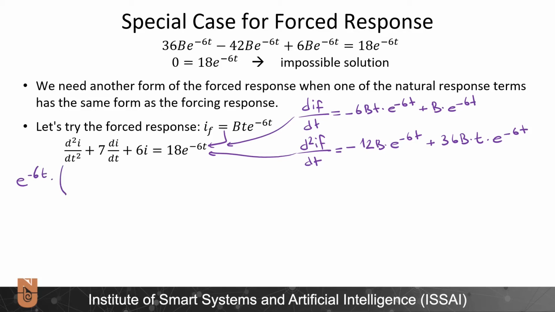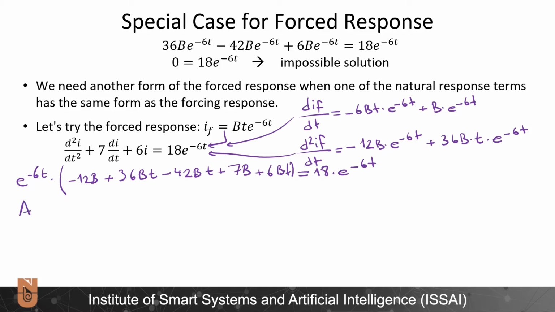So I will have minus 12b plus 36bt, and then minus 42bt plus 7b plus 6bt is equal to 18 times e to the minus 6t. And this forced response should just work at all the different times.